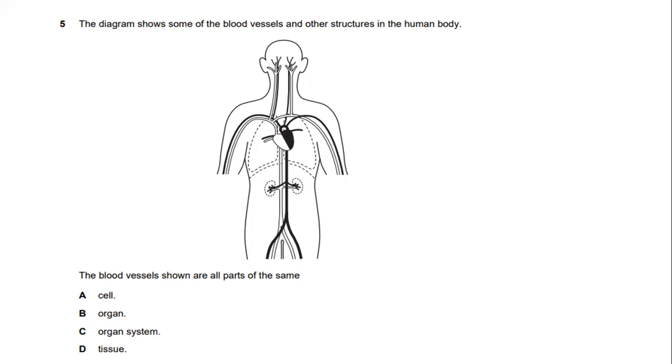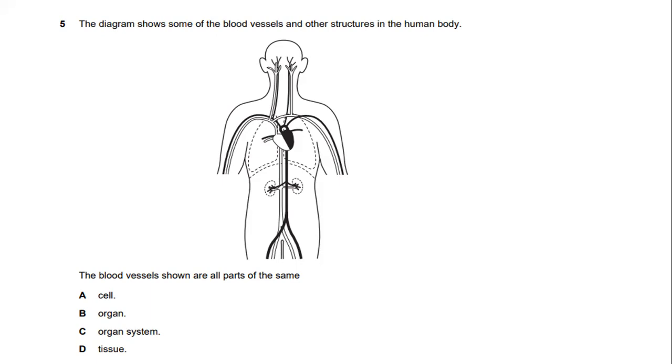An organ is a structure made of a group of tissues working together to perform a specific function. An organ system is a group of organs with related functions working together to perform a body function.